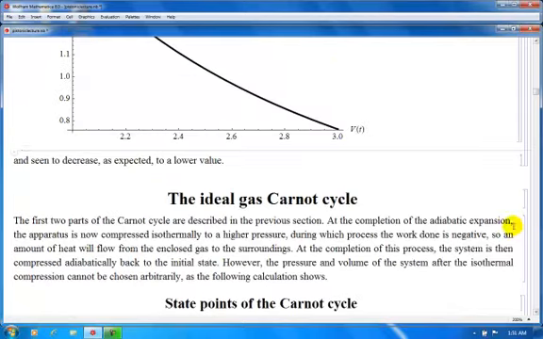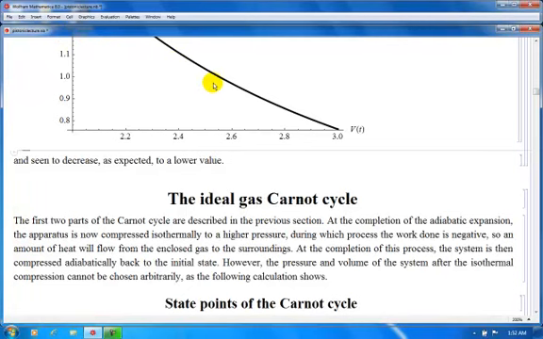Right, so now we're ready to complete the story and look at the ideal gas Carnot cycle. We've described the first two processes in the Carnot cycle. We've now done an isothermal expansion followed by an adiabatic expansion.